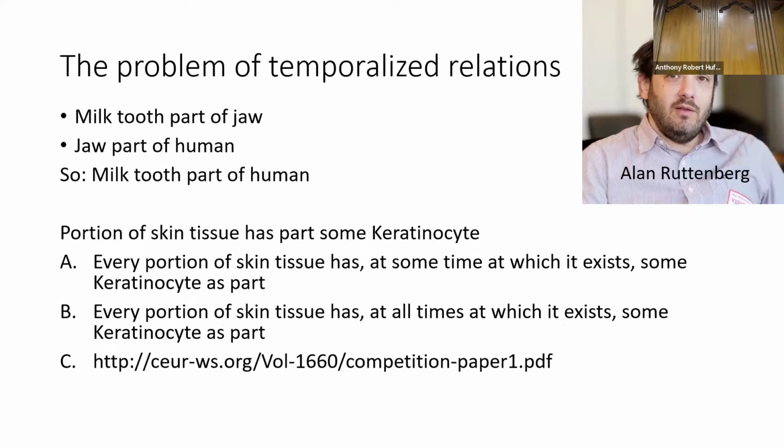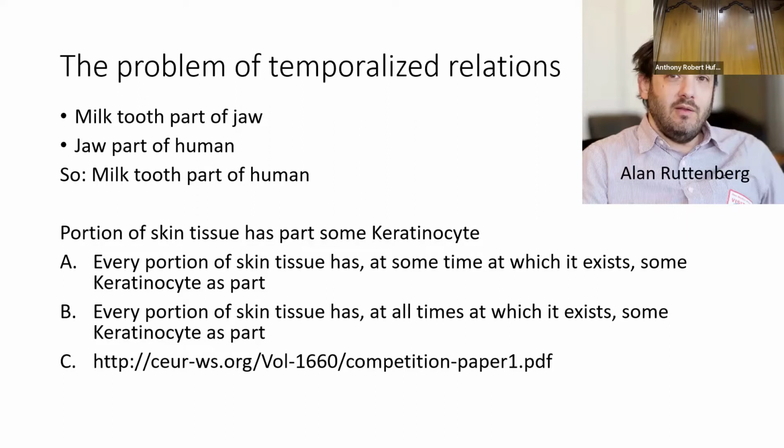So this is a very bad inference, but it will give you the idea. Everyone would agree that a milk tooth in a living organism is part of the jaw. Everyone would agree that the jaw is part of a human, but not every milk tooth is part of a human. Anyway, that's an informal example, which I'm myself not convinced by at the moment.